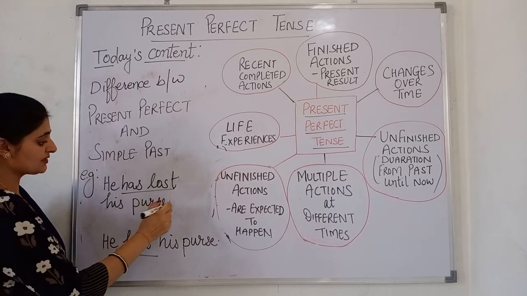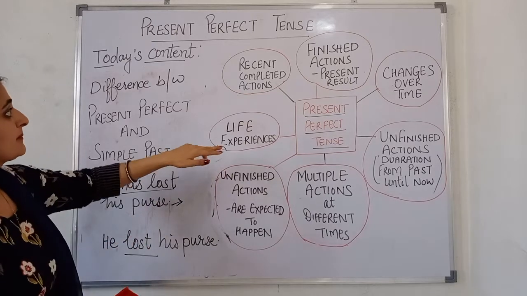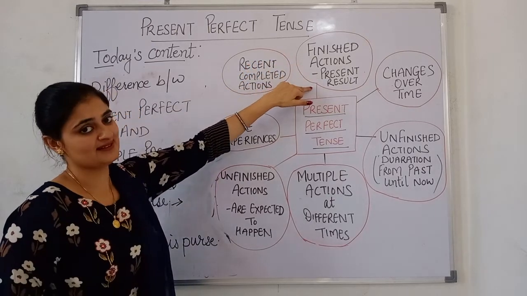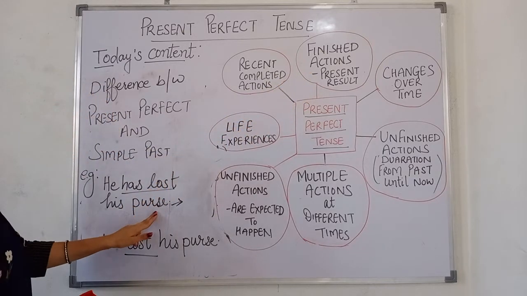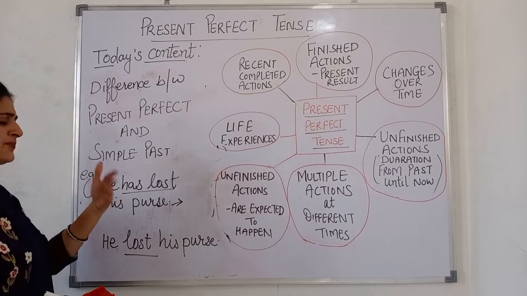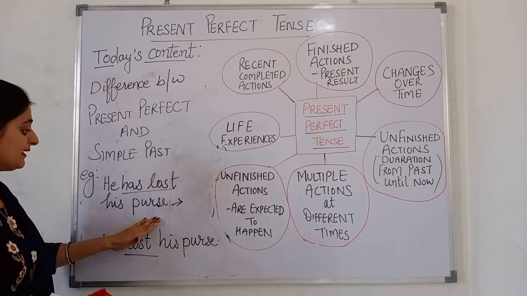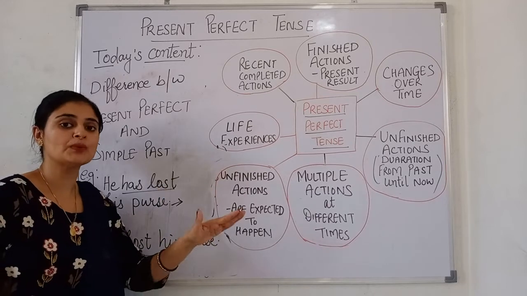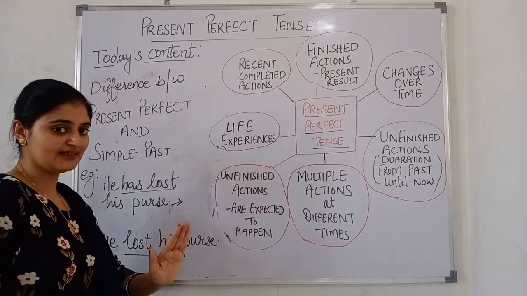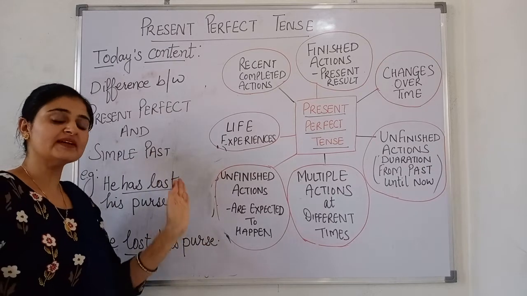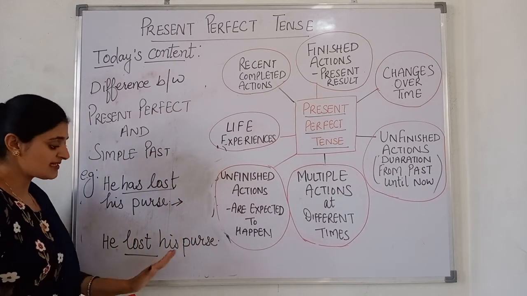Okay, what is this use? This is the same use: finished actions, present result. So we can analyze that the action is finished. He has lost his purse. Okay, but still it has its effect, that he has no money to pay the bill. Clear? At present. He lost his purse means somewhere in the past he lost his purse.